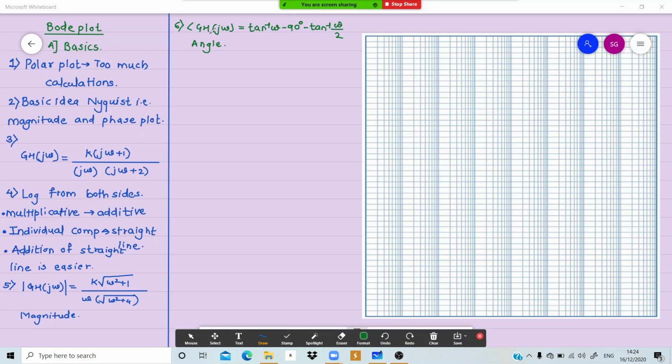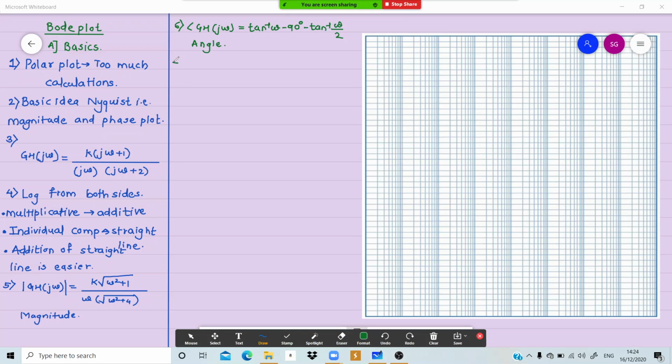Now see, very well it is understood. Over here it's linear only, so no need to take log for this. Bode plot means you are taking log over here, but no need to take the log of the angle, only log of the magnitude. Even if you are taking, that is going to solve the purpose.